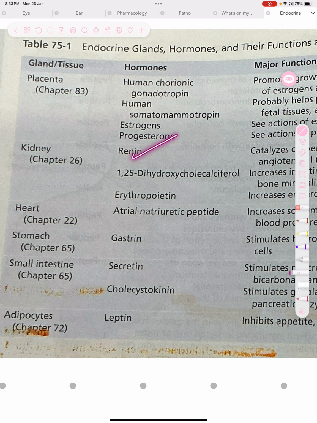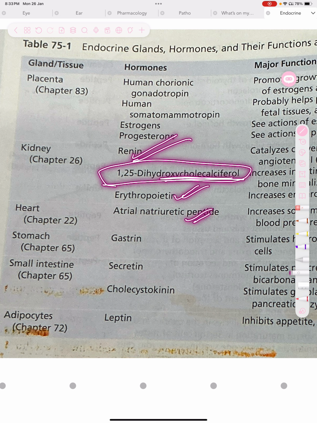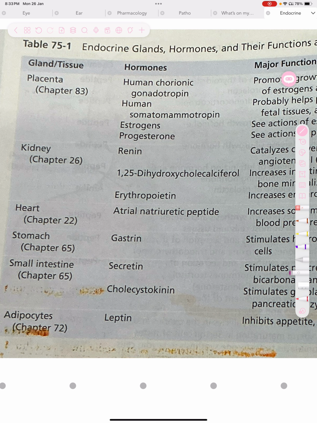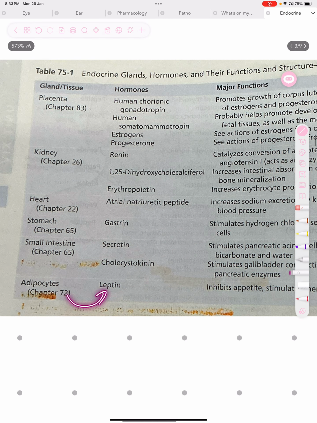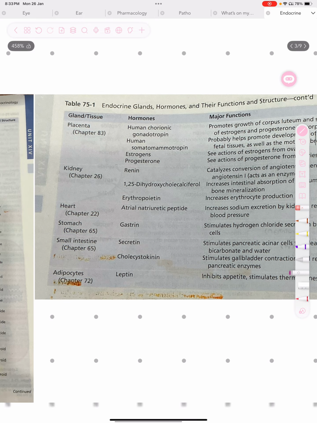The kidney secretes renin, we know that, and also 1,25-dihydroxycholecalciferol and erythropoietin. Then the heart secretes atrial natriuretic peptide. The stomach secretes gastrin. The small intestine secretes secretin and cholecystokinin, and adipocytes secrete leptin. What does leptin do? Again, we're not discussing the function for now.